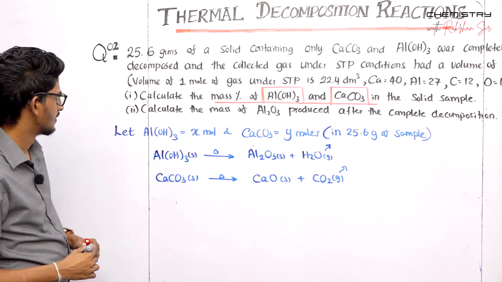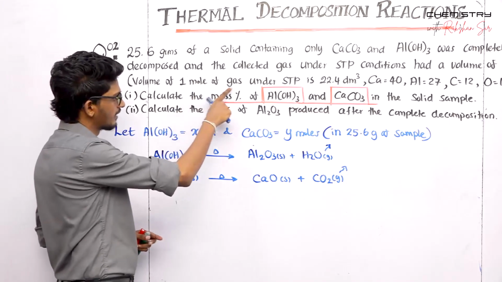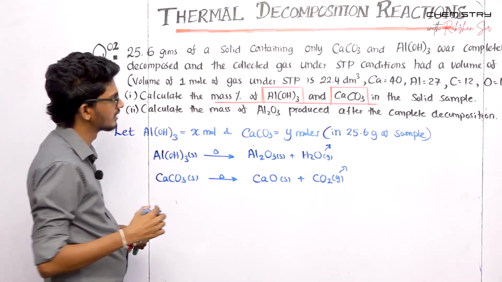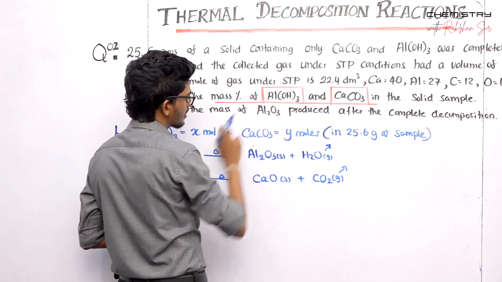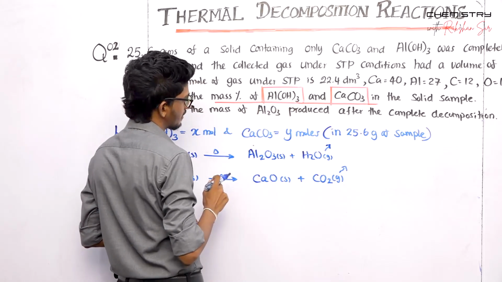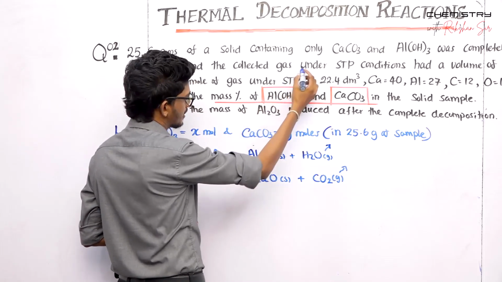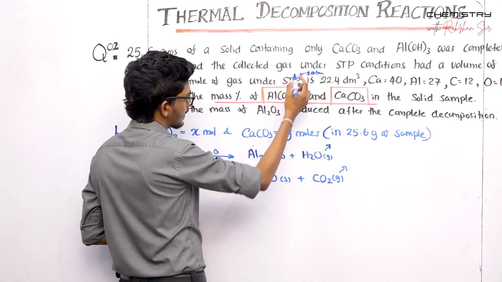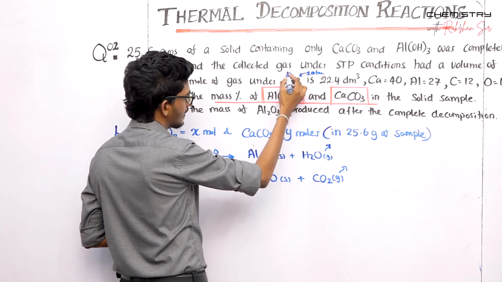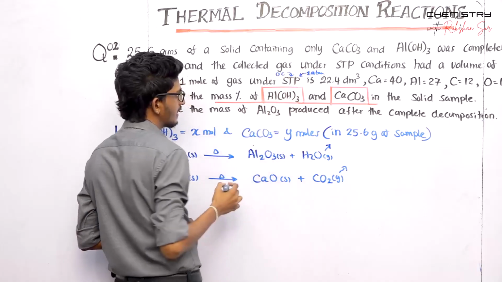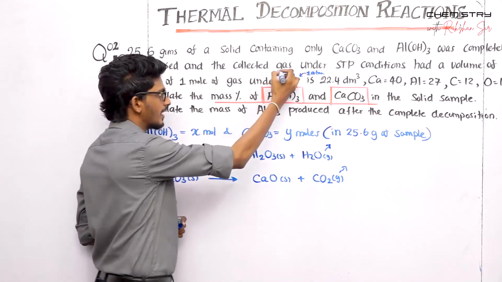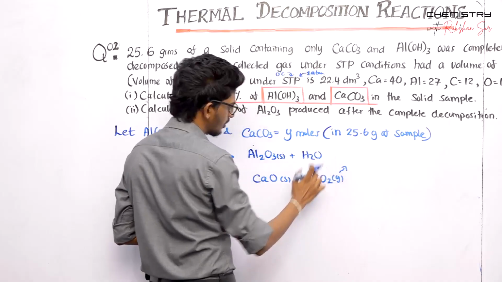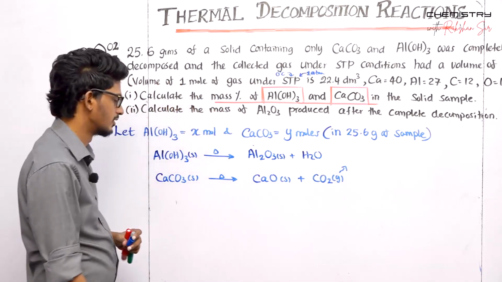They are saying the volume of 1 mole of gas under STP. STP means standard temperature and pressure, so the pressure is 1 atm. Standard temperature normally means 0 Celsius. In that situation, H2O is not going to be a gas; it is actually solid.